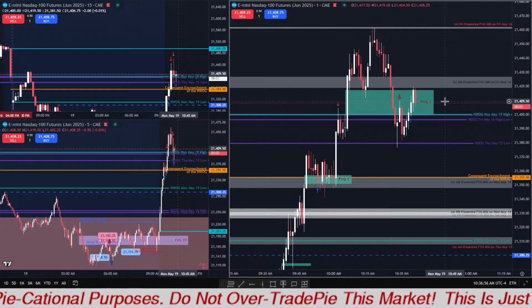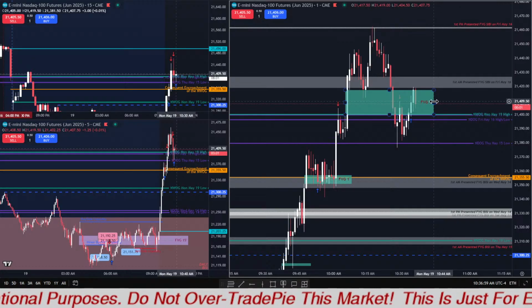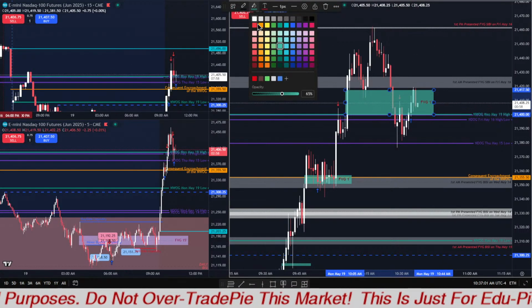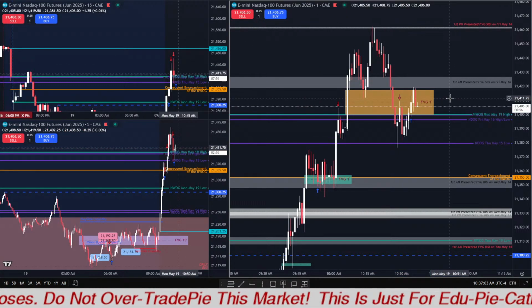Trading below the consequent encroachment of this inversion. Okay, let me also change the color.